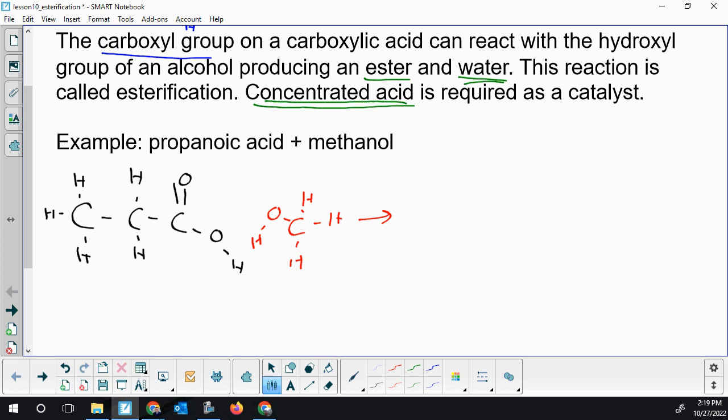That alone isn't enough. We need the addition of a strong concentrated acid. The carboxylic acid is too weak to act as a catalyst itself.